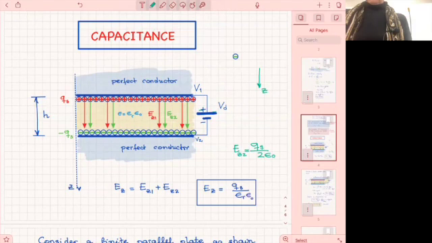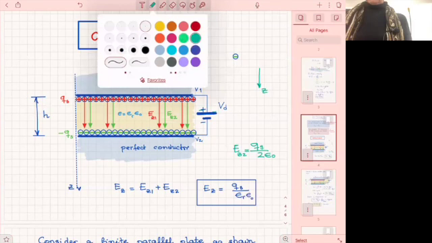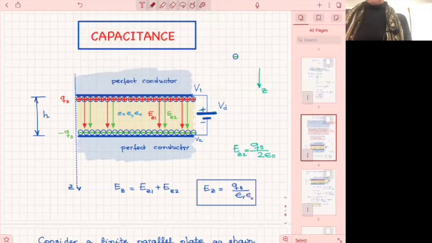Same charge distribution, but it's positive, which means that the field is going to be identical to the one we had before, but with the direction that goes away from the charge, the red. But these two, EZ1 and EZ2, are now identical, both in direction and in value.